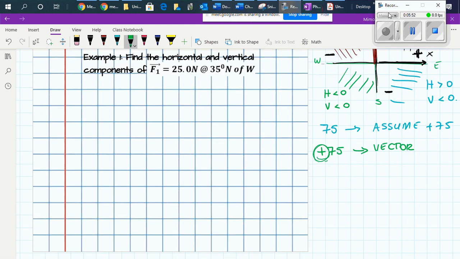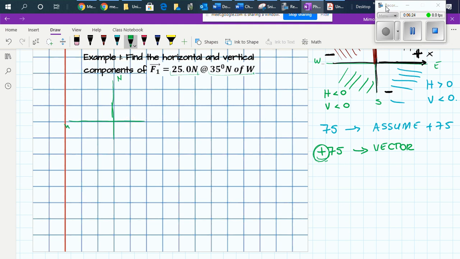So let's now find the horizontal and the vertical component of this F1 vector. It's a force, F1 vector, with a magnitude of 20.0 newtons at 35 degrees north of west. So see now, it is important to know how to represent the vector in the north, east, south, west axis. This vector is between north and west.